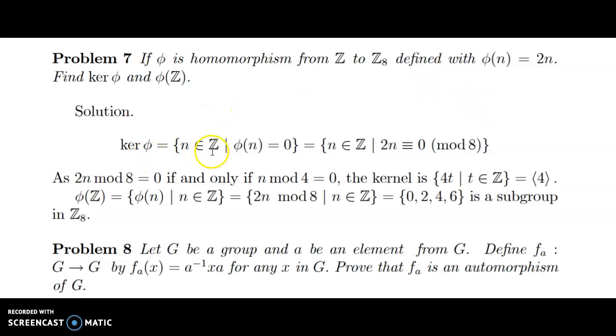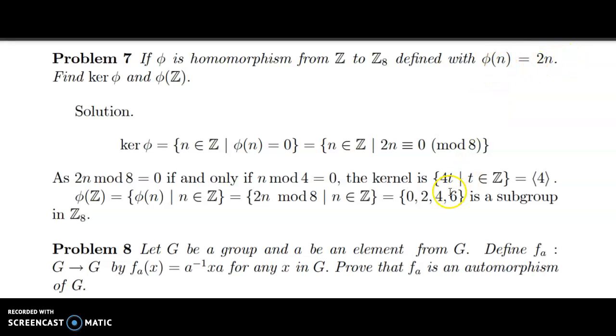The kernel consists of all elements from the group whose image under the homomorphism is 0. And because of this definition, and because in Z8 the numbers are reduced mod 8, we will have this equality: 2n congruent to 0 mod 8.